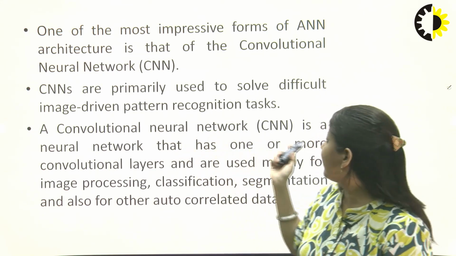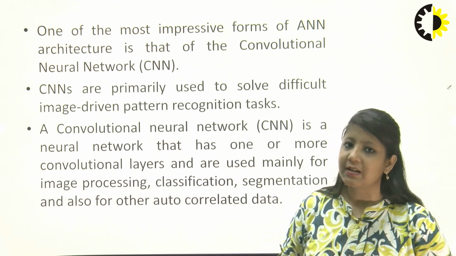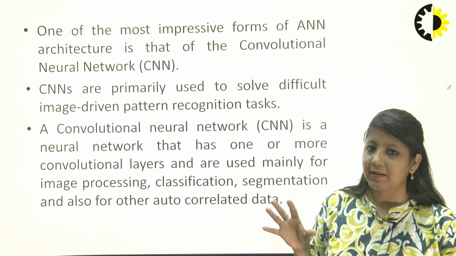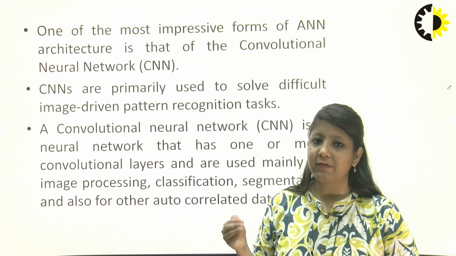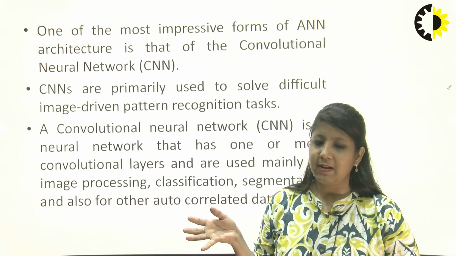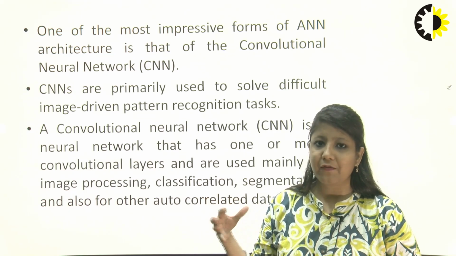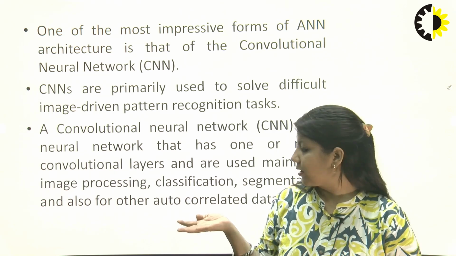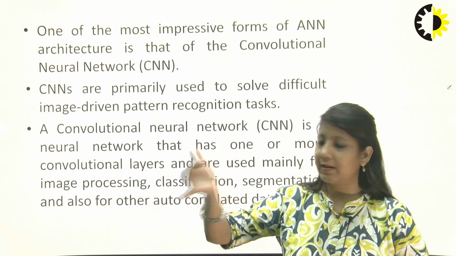So we can say CNN is a neural network that has one or more convolution layers. This is a part of deep learning. We have different kinds of layers between the input and output images. We have the input image, then different layers, and after that we get the final outcome image, so that we can recognize the objects in the images.